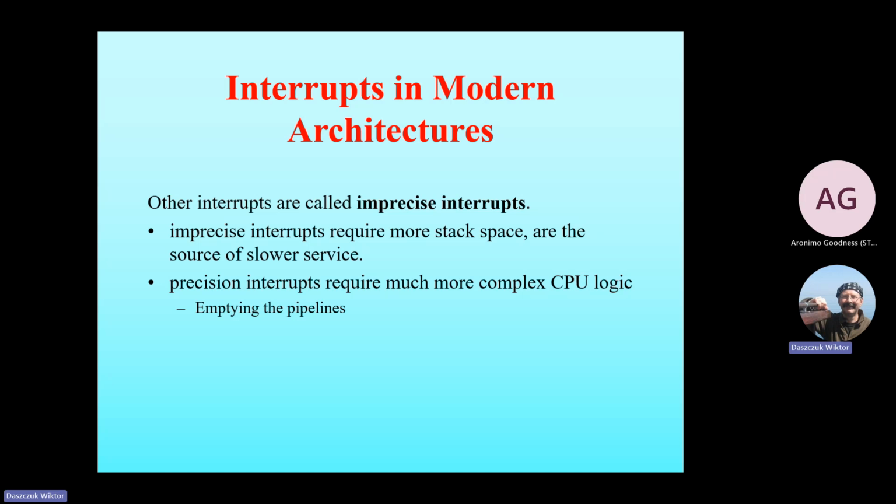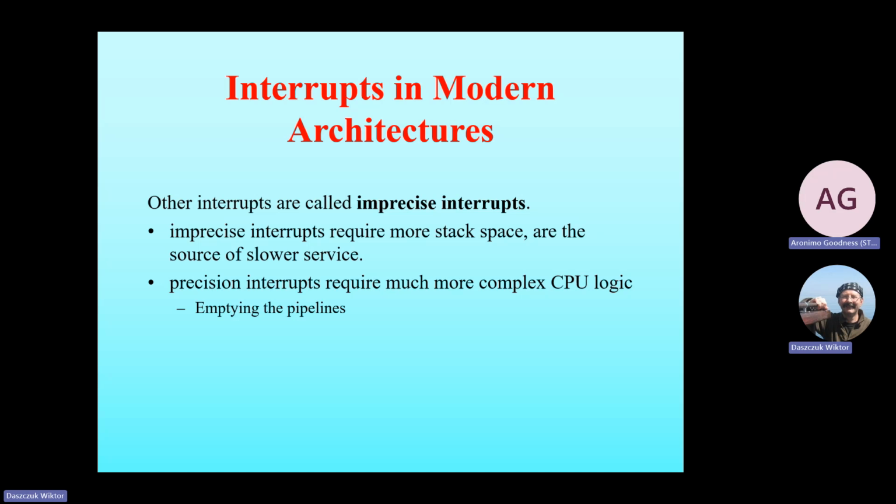One of the methods is to convert the imprecise interrupt to a precise one. Just hold the pipeline. Not exactly hold. Special circuitry looks at the instructions in the pipeline. Some of them are in late stages of execution.